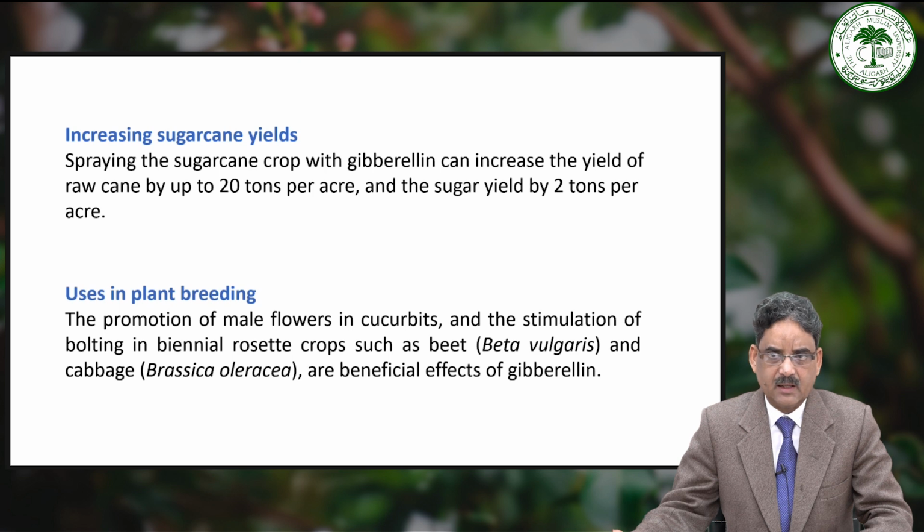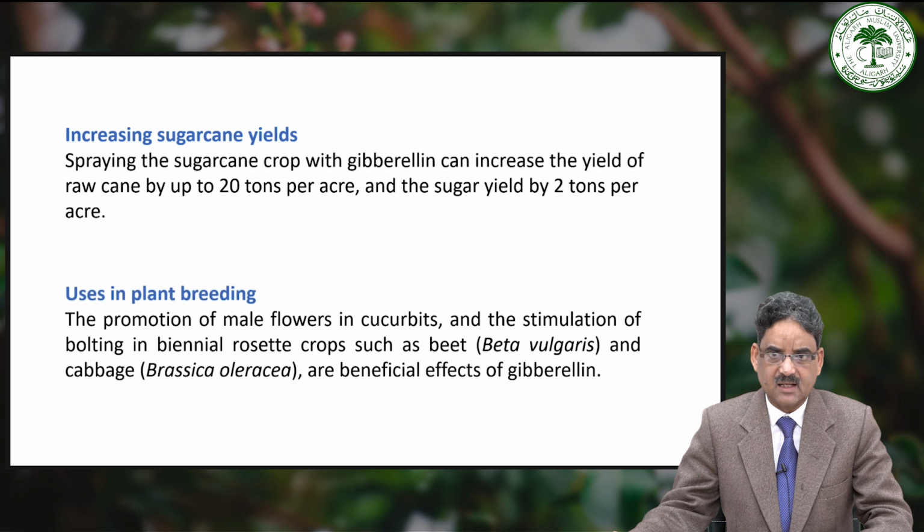Gibberellic acid's application results in a notable increase in raw cane yield, with reported improvements of up to 20 tons per acre.